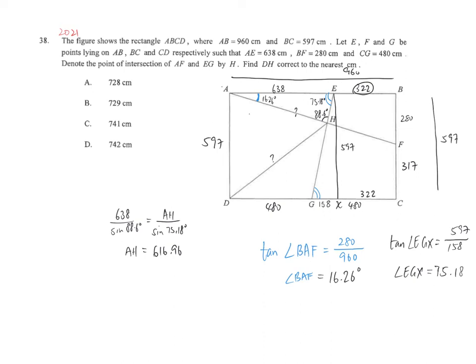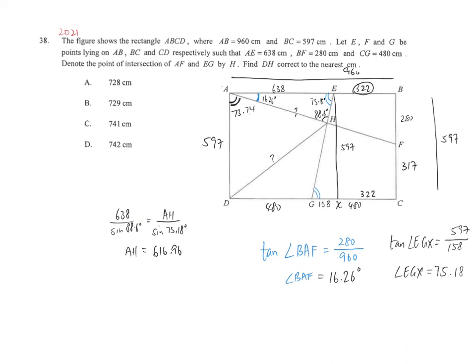The other angle that we now need is the angle DAH. So it's this angle we'll be looking at. That's also very trivial because it's just 90 degrees minus 16.26, which is 73.74.